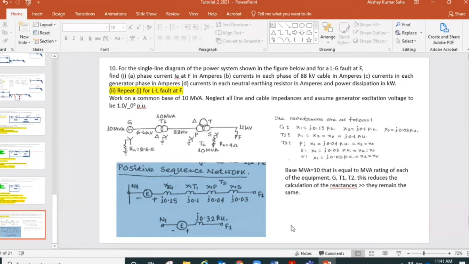So it can come back to us, but we don't know now. For now, we can say it that way: the tertiary winding will not be in the positive sequence network. Only primary and secondary will come into the scenario, and they will be in series.